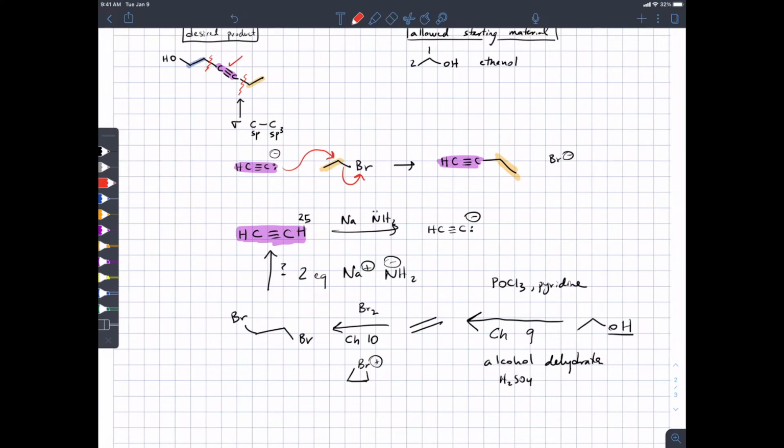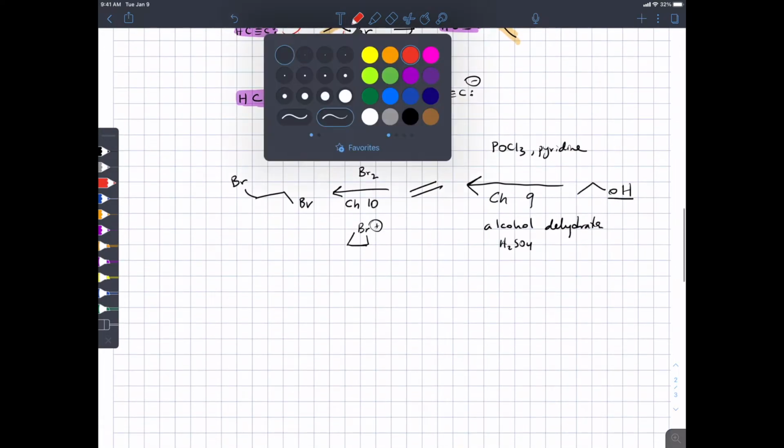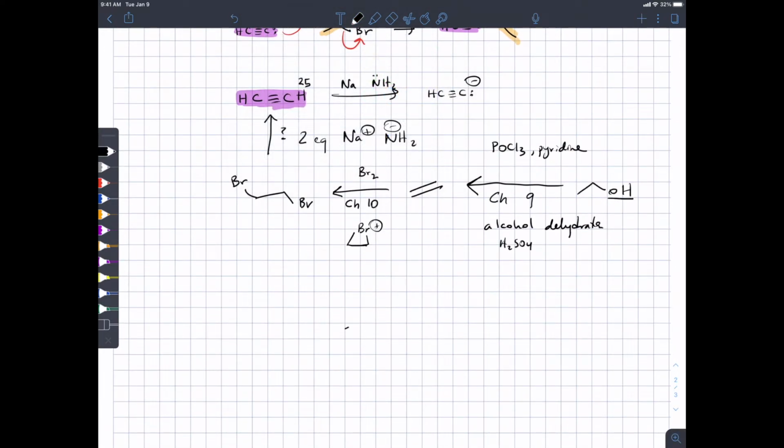What about the yellow or orange section? Do we have any reaction that could generate the alkyl bromide, the orange section, from our 2-carbon alcohol? Go ahead.